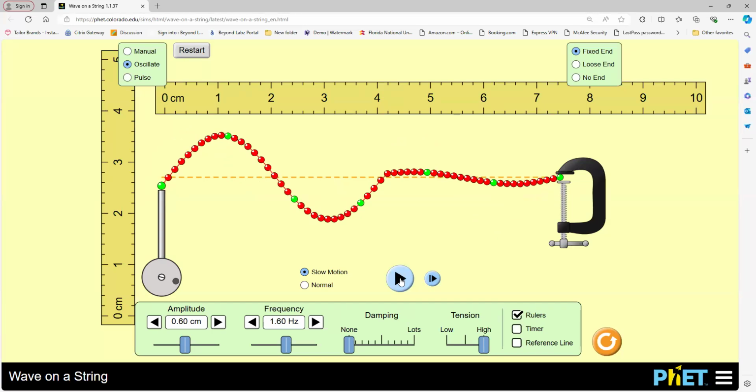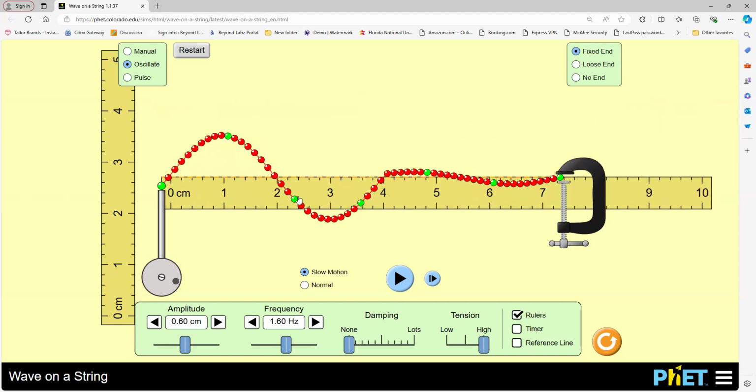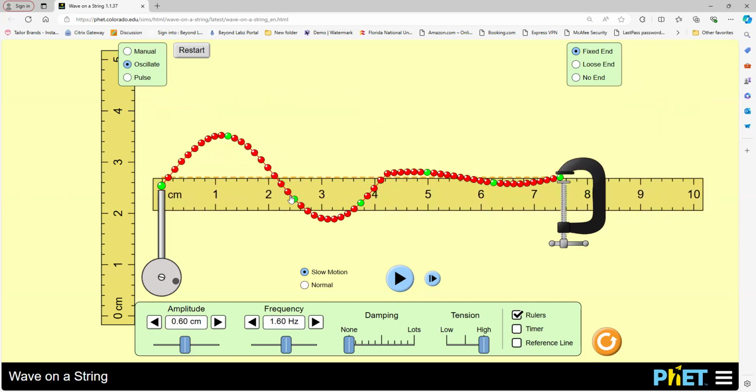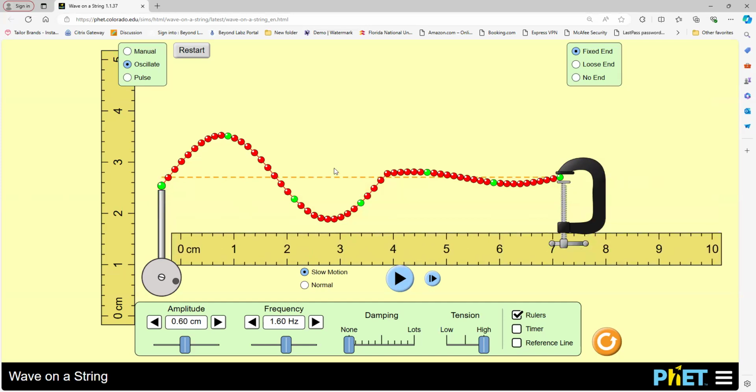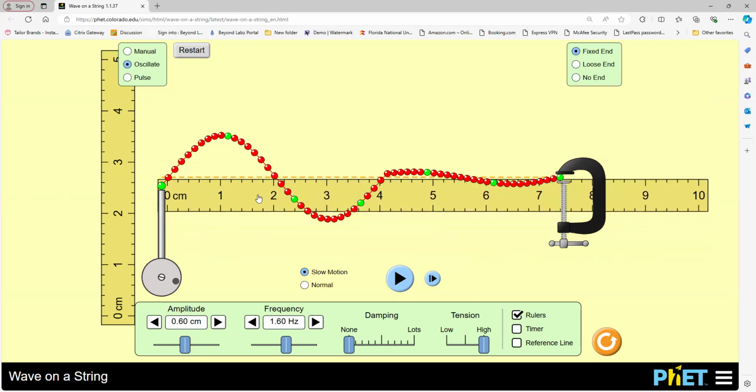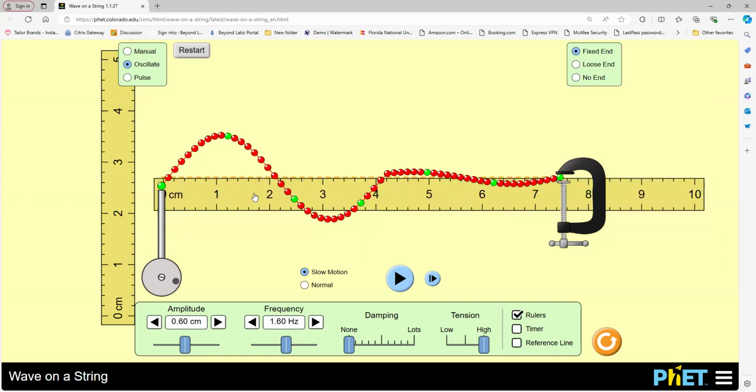So you can stop here, for example, when this green ball is at the level of this reference line, and using the ruler, you can measure the wavelength. So the wavelength is the distance from this point to this point, right? Approximately. This is your wavelength. So you can measure your wavelength here. And the wavelength looks to be like approximately 4 centimeters, right?